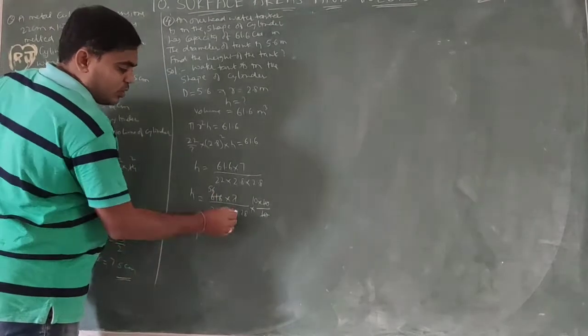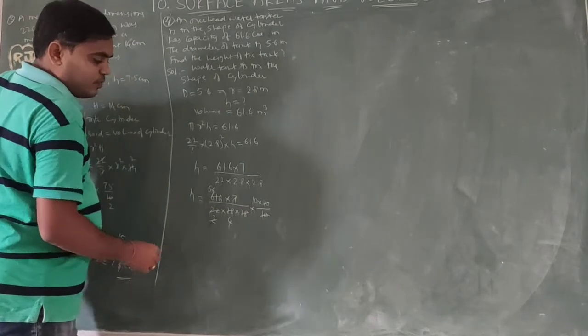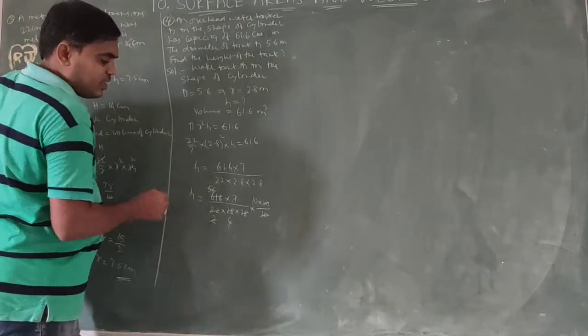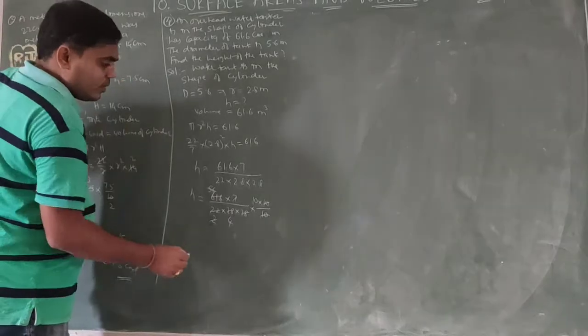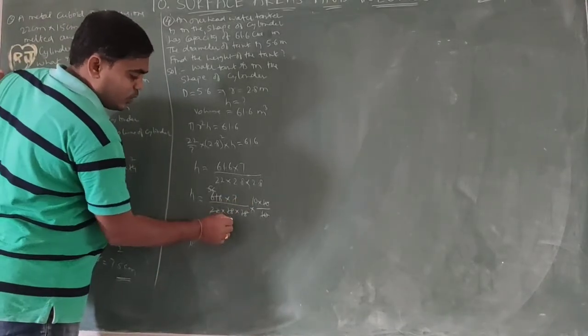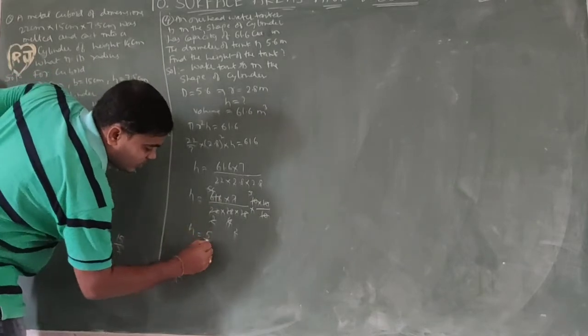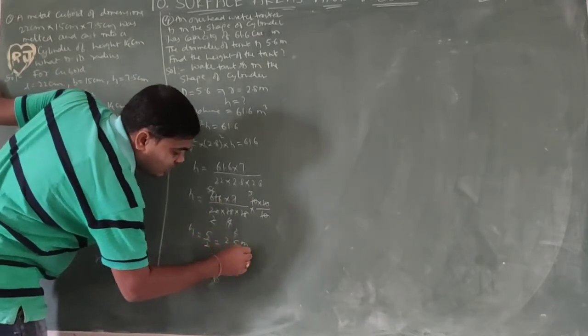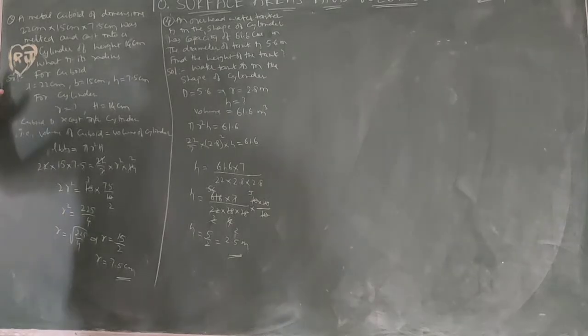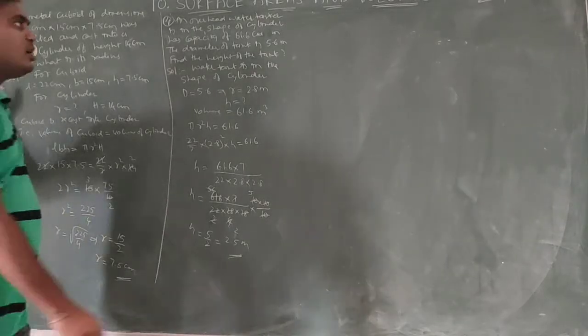Now 28 into 2, how much? 56, 56 gets cancelled. So this is 10 by 2, 2 into 5. H is equal to 5 by 2, which is equal to 2.5 meters. The height of the cylinder is equal to 2.5 meters.